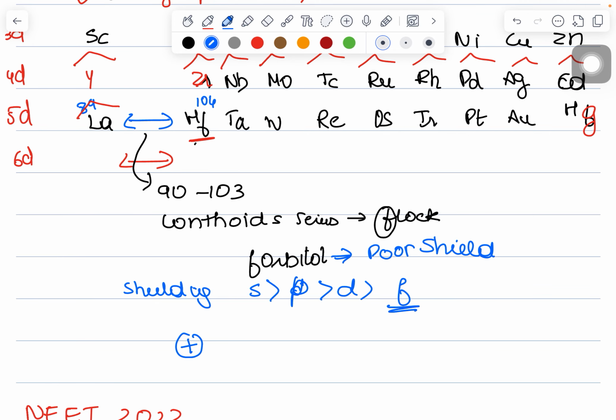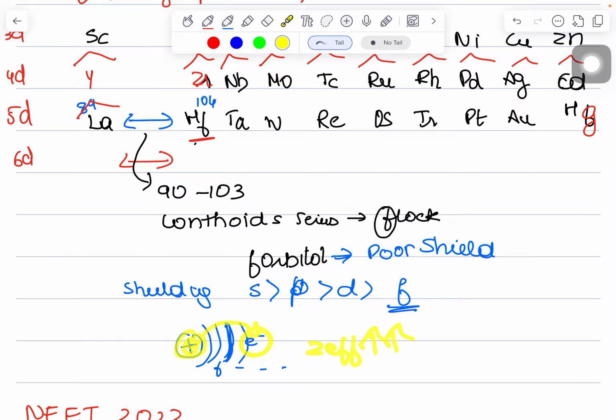So if I have the nucleus here, we have orbitals. Let's imagine this is the f orbital and we have s, p and other orbitals. So when electrons are here, these f orbitals are such poor shielders that the nucleus can easily attract the outermost electron. The Z effective will be very high because the f orbital is a poor shielder.